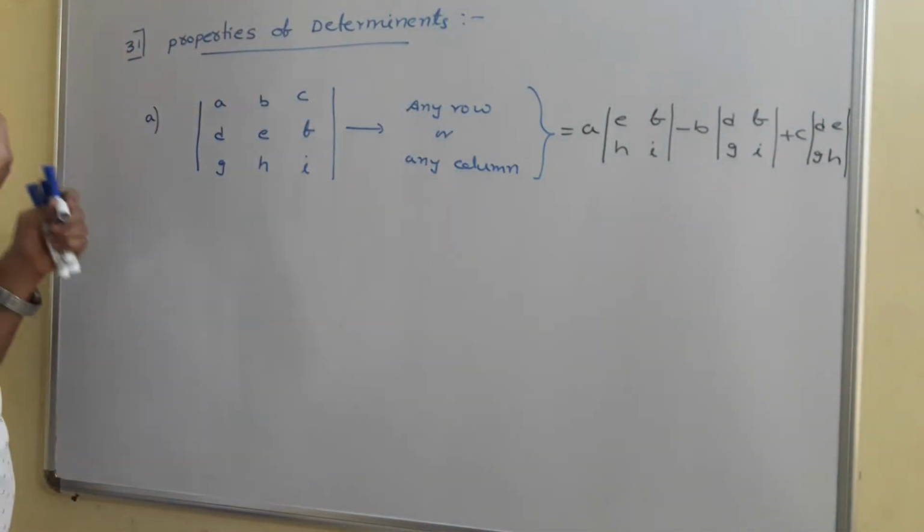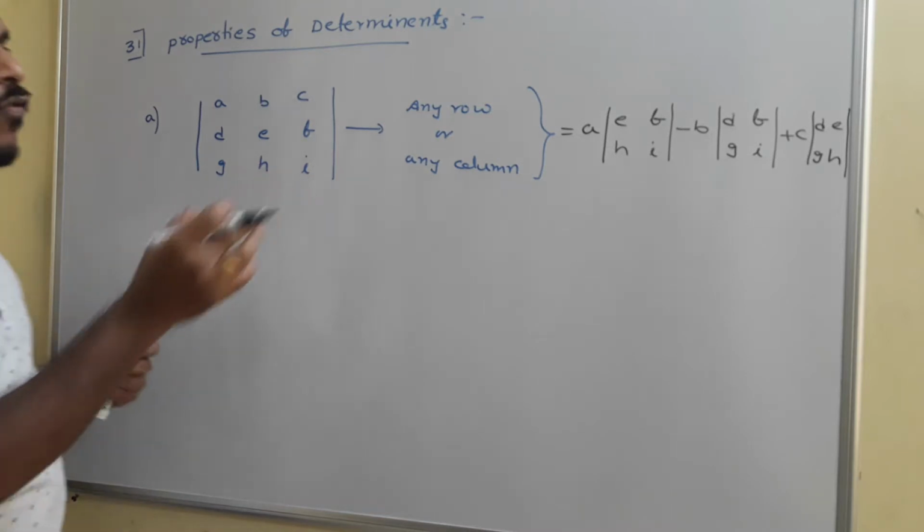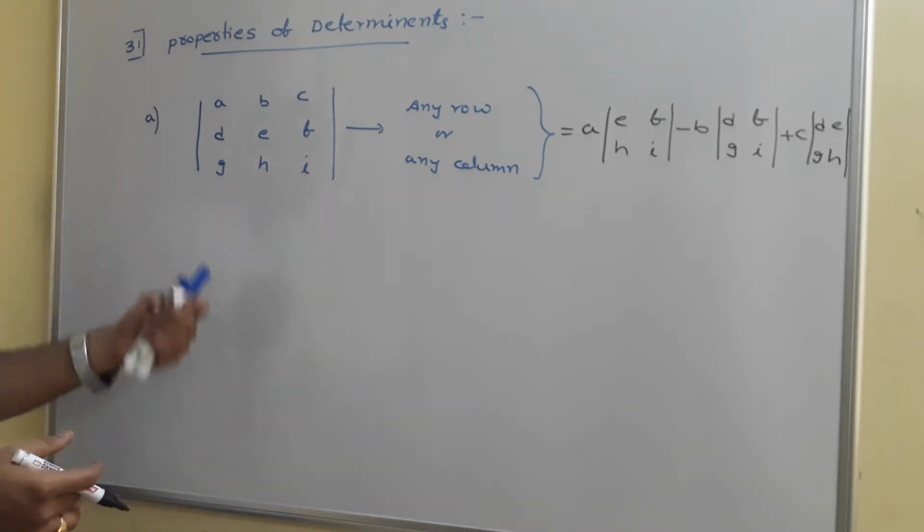This is the way of finding the determinant, and I may go with any row or any column.